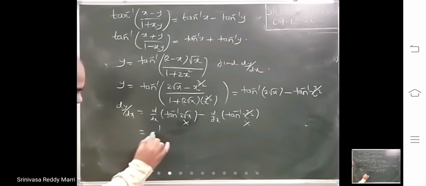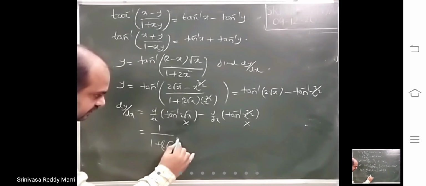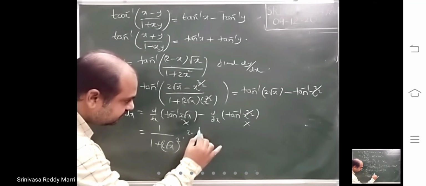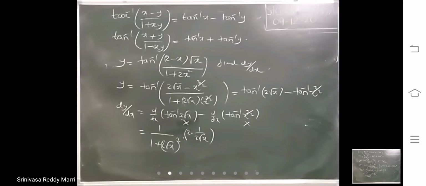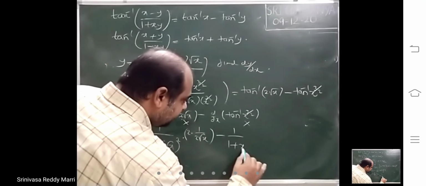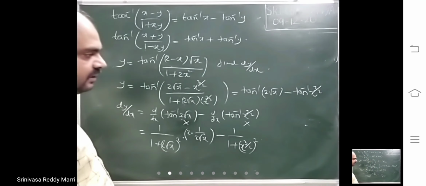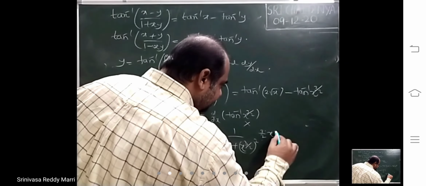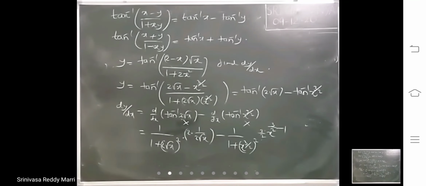Now for tan inverse, here we will take this as capital X. So this is 1 by 1 plus X square into the derivative of 2 root x, that is 2 into the derivative of root x. Minus, the derivative is 1 by 1 plus capital X square into the derivative of x power 3 by 2, which is 3 by 2 into x power 3 by 2 minus 1.